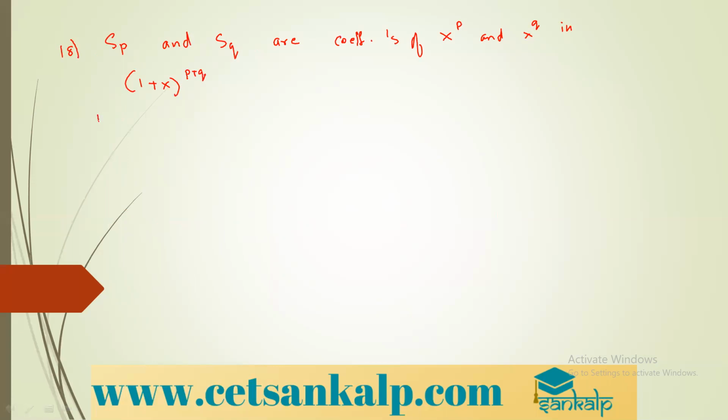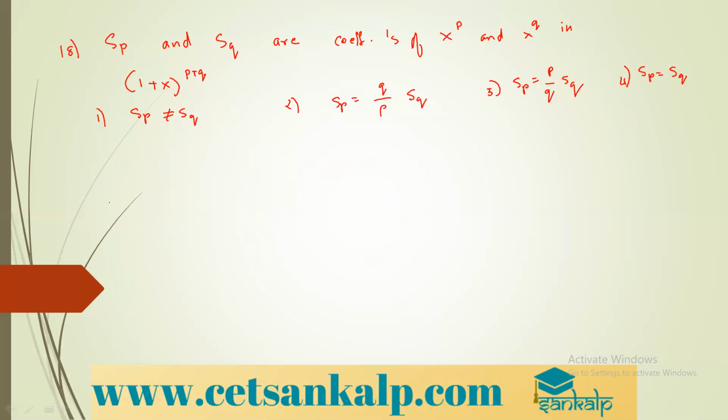Then the first option is SP not equal to SQ. Second option is SP equal to Q by P SQ. Third option is SP equal to P by Q SQ. And fourth option is SP equal to SQ.